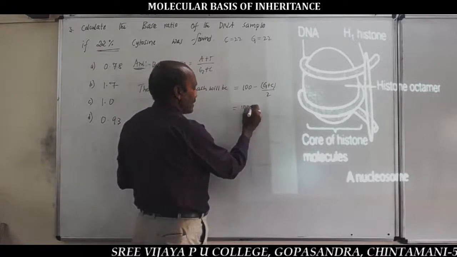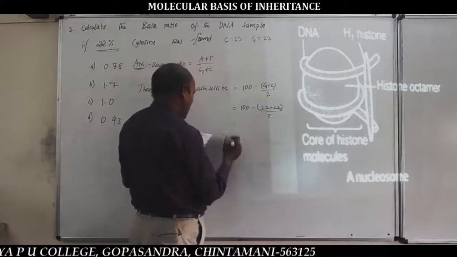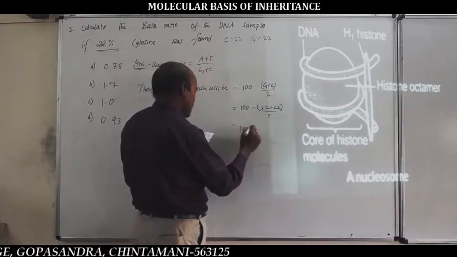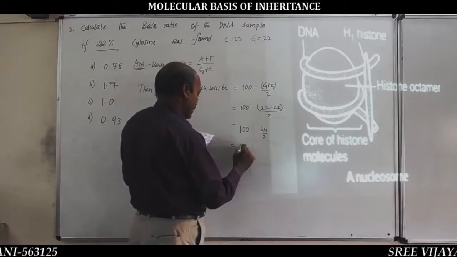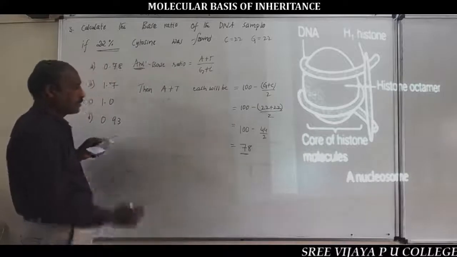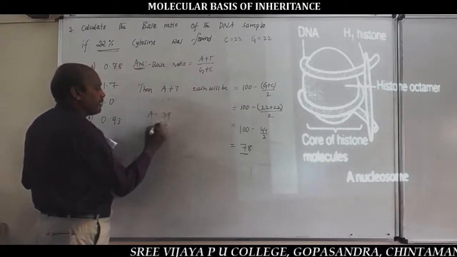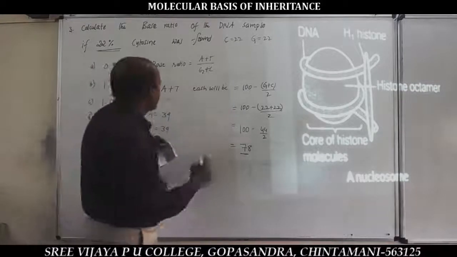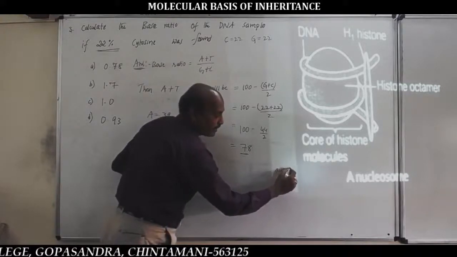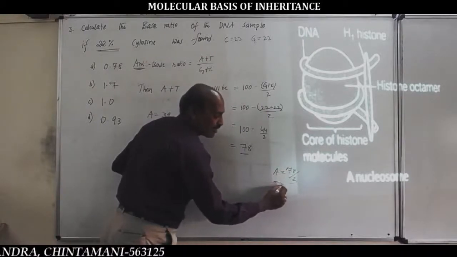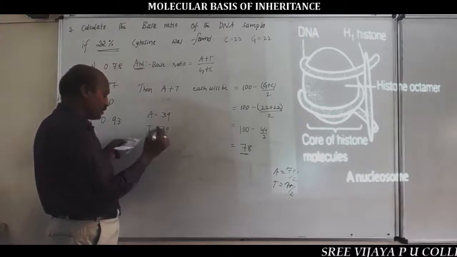That is 100 minus 22 plus 22 by 2, which is 100 minus 44 by 2 equals 78. Whenever A plus T equals 78, A equals 78 by 2 and T equals 78 by 2. So A equals 39 and thymine equals 39.